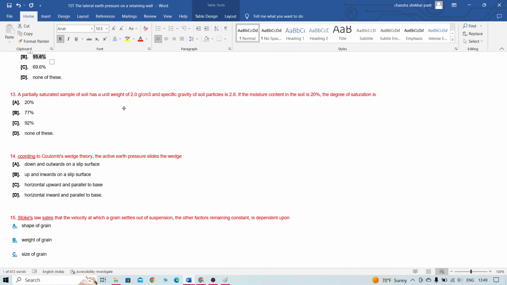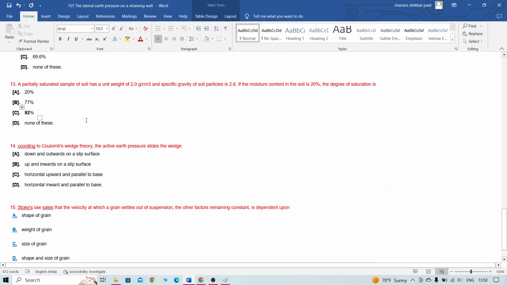This is coming out to be 0.56. Then S equals wG upon e, G is 2.6 here, 20 upon 100 into 2.6 upon 0.56, that is 0.92, or we can say 92 percent. So option C will be the right one.